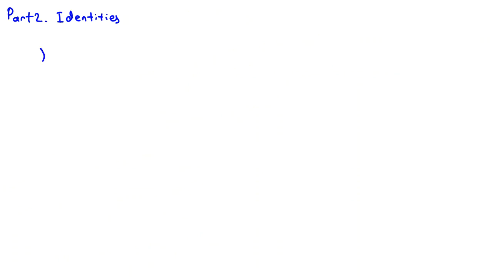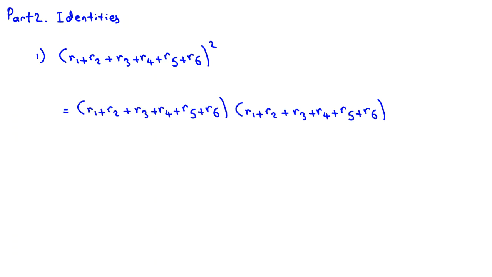So the first one we need: if you consider (R1 plus R2 plus R3 plus R4 plus R5 plus R6) squared, it will be what? Here, it will be this times this. You can write it twice, and then you multiply R1 by all of them. Then you have R1 squared, and also R2 squared, you have these forms to R6 squared.